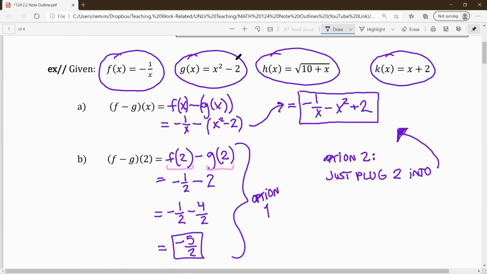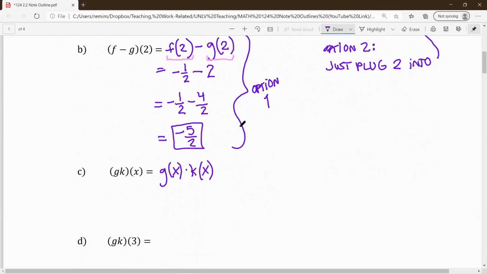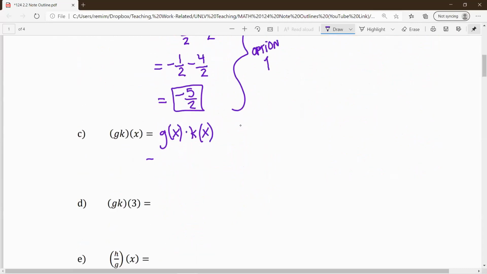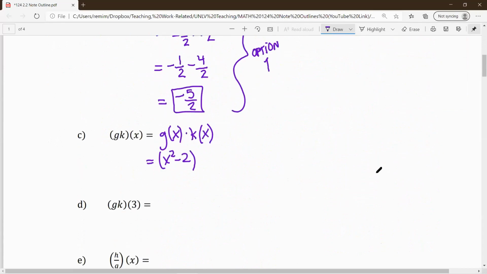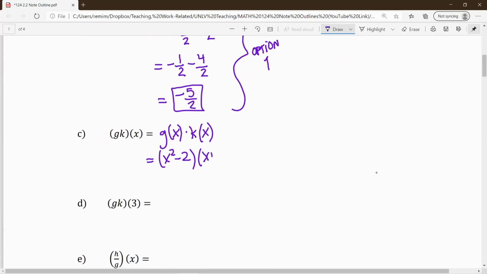So let's go back and look. g of x is equal to x squared minus 2. And we're multiplying, so I'm going to put that in parentheses, times the k of x, which is x plus 2. I'm going to put that in parentheses to show that we are multiplying these two together. And then we have a binomial times a binomial, so I'm going to FOIL it out.